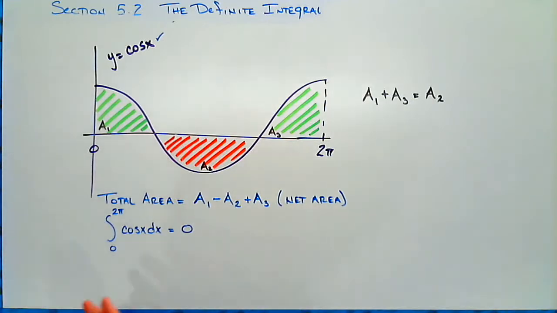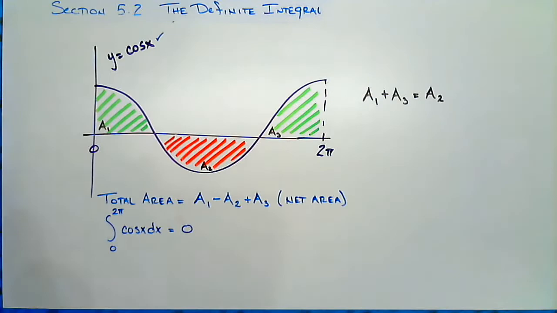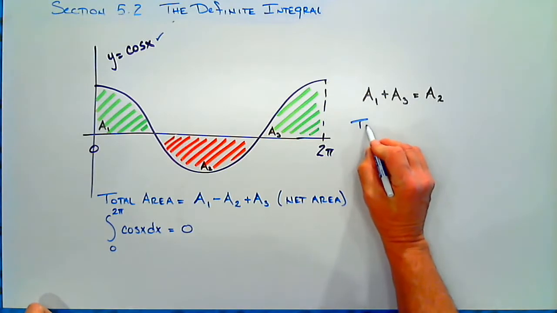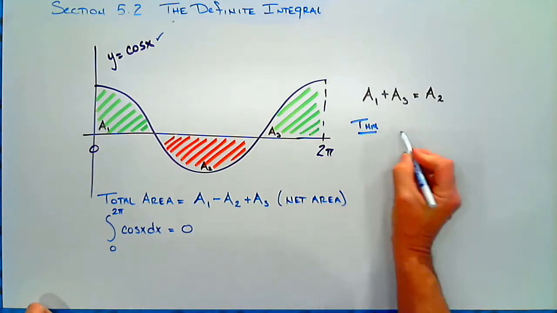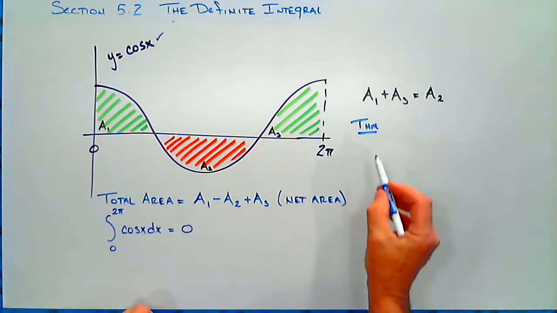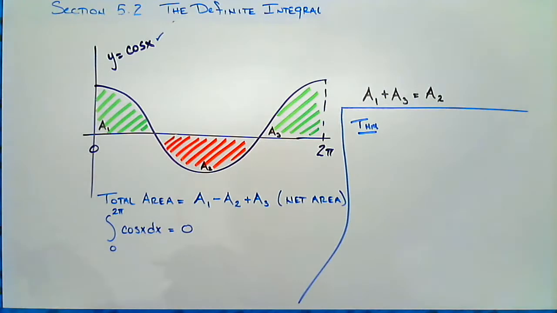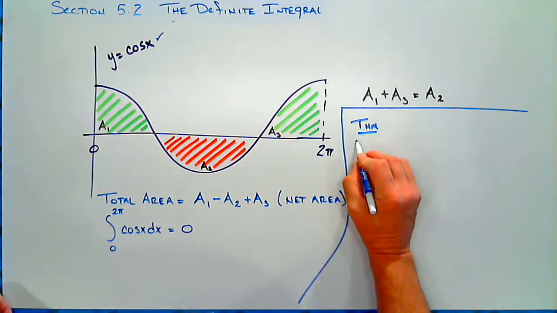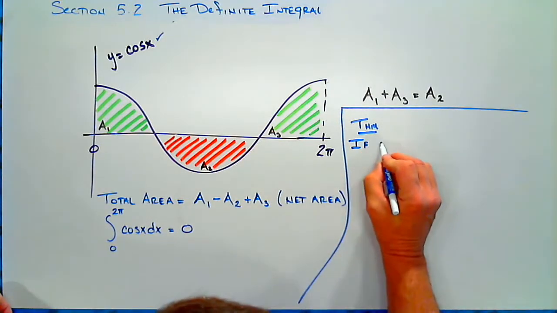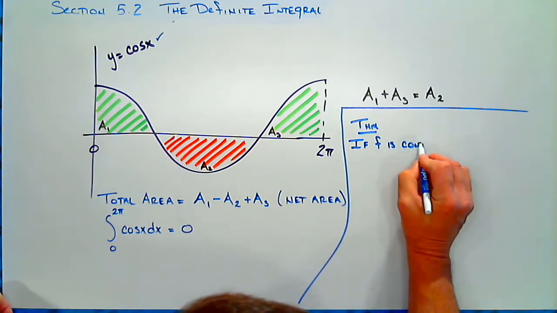Now, we get a theorem. Continuing with the section, we get a theorem. And what does that theorem say? We'll just draw this theorem over here, because I don't want to erase right now. This theorem is not really related to what we were just talking about. So what does this theorem say? It says, well, if f is continuous. Now remember, our definition did not require continuity.